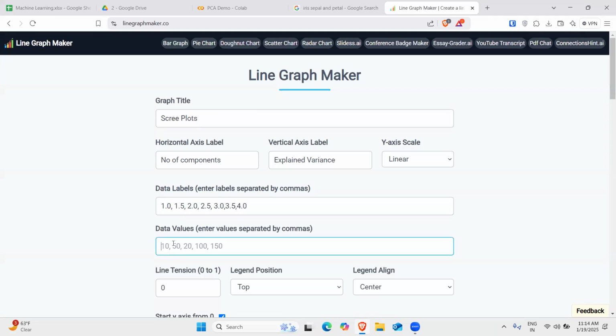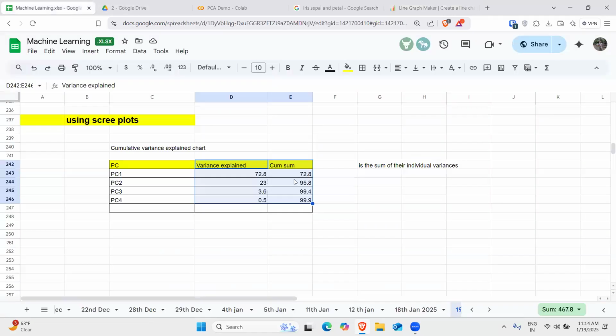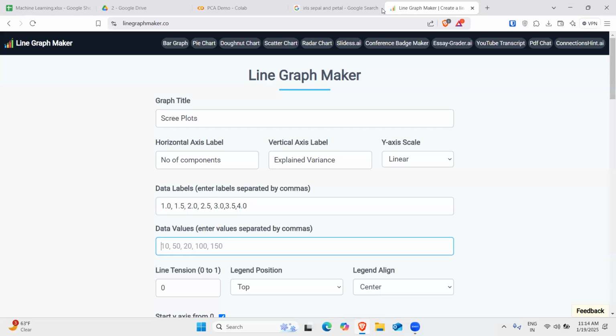Data values are my cumulative variance values: 72.8, 95.8, 99.4, 99.9, right?